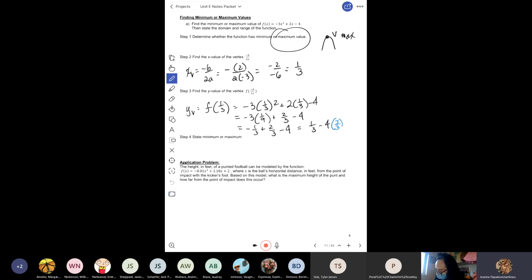Okay, so that makes this 1/3 minus 12/3 gives me how many? Negative 11/3. So my maximum is negative 11/3. The max occurs at x equal 1/3. So you'd have to write that whole thing out.